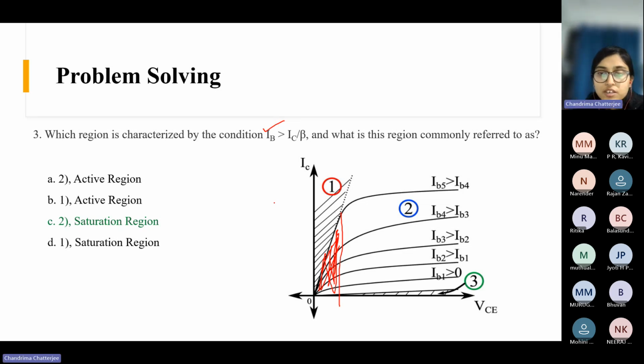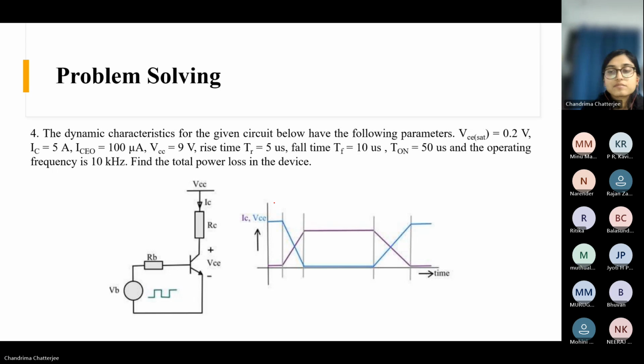Okay, let's go to the next question. Here they have given the dynamic characteristic for the given circuit. VCE sat is given, the saturation voltage drop, IC is given, ICO is given, VCC is given, this source voltage is 9 volt.